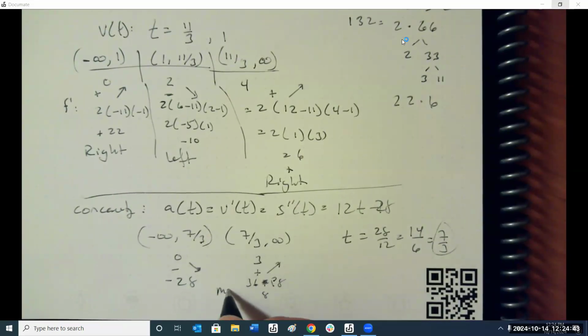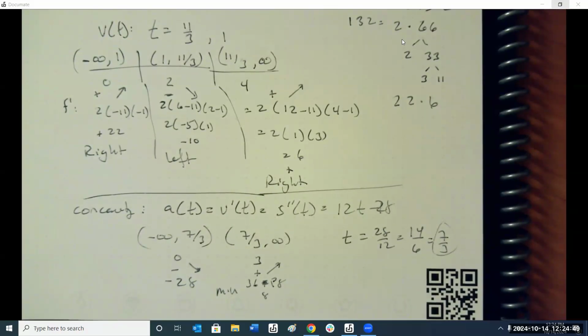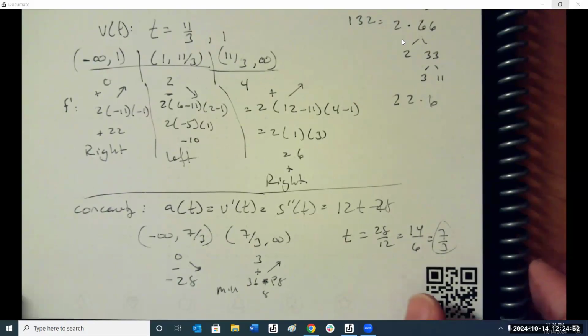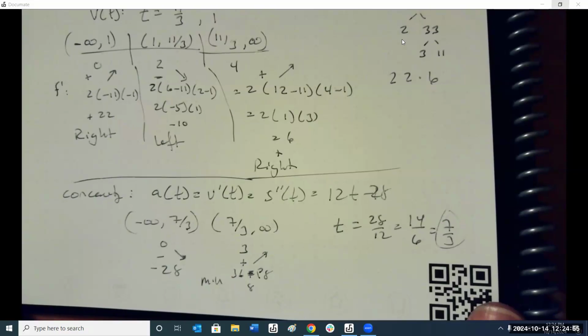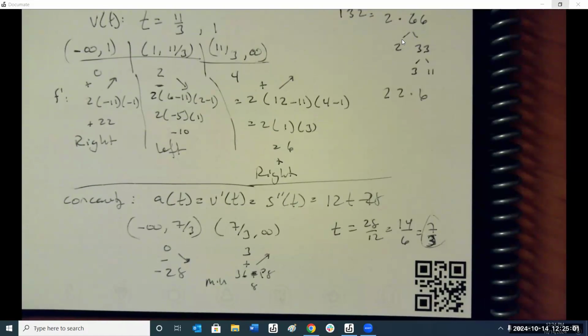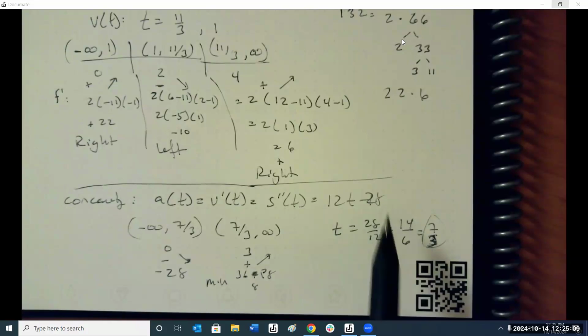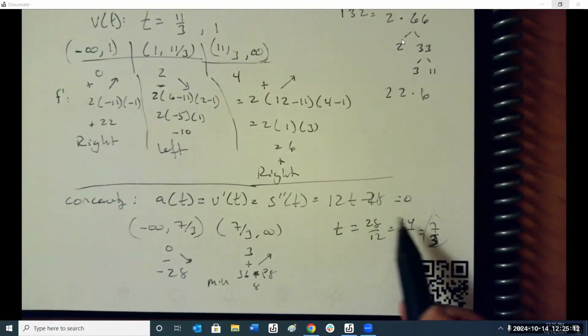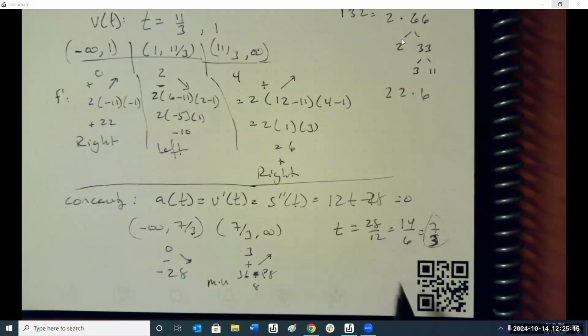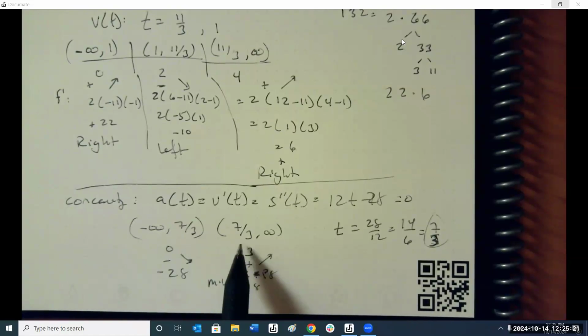So it's a min. Yes, it's the only value we have. Take our second derivative, set it equal to 0, solve for t. And we got 7/3. So look at the interval from -infinity to 7/3, and 7/3 to infinity. Pick the points, tell me if it's positive.